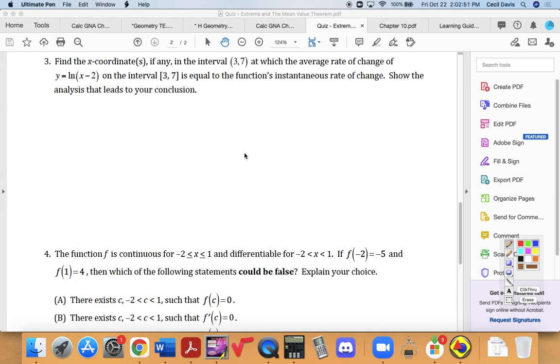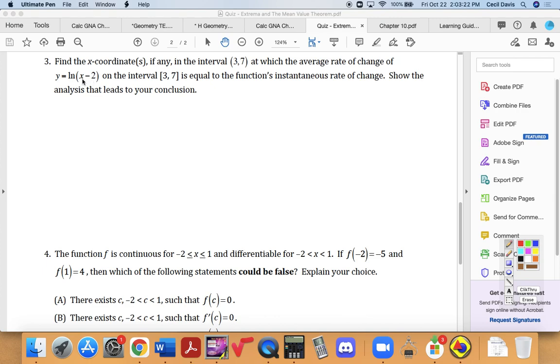This is the mean value theorem. Find the coordinates, if any, in the interval from 3 to 7, at which the average rate of change of natural log of x minus 2 equals the instantaneous rate of change. It's continuous and differentiable on this interval. It doesn't tell you that, but we know that it is, because natural log is defined as long as the argument is greater than 0.